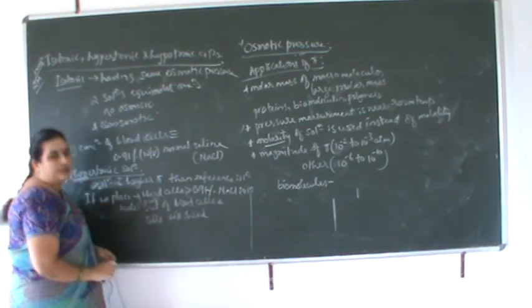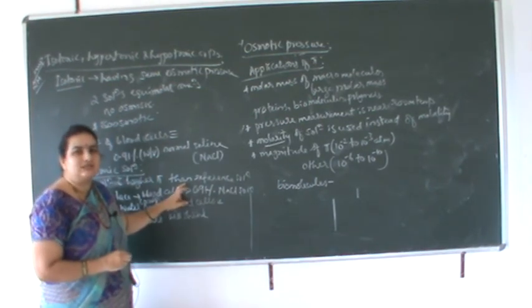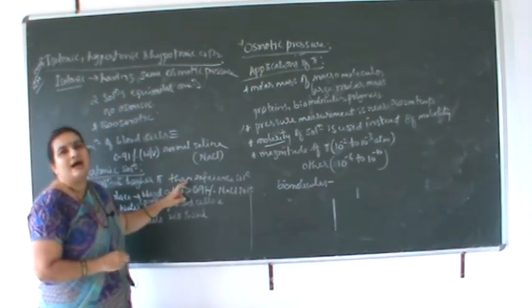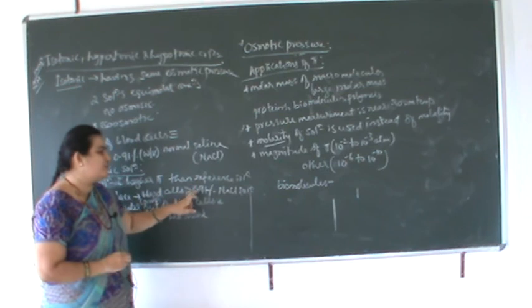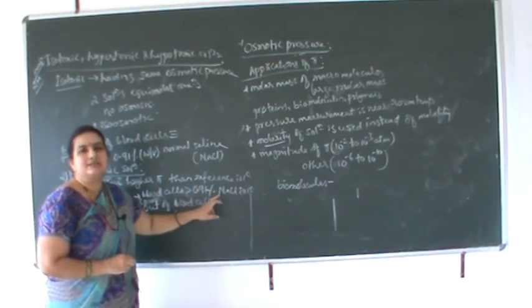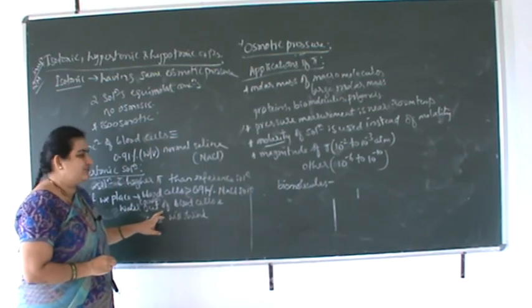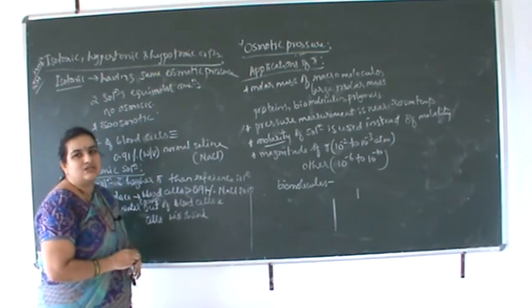Remember, if you place the blood cells in a solution having concentration more than 0.91% NaCl, then the water comes out of the blood cells and the cells will shrink.